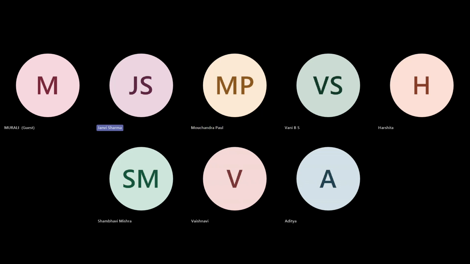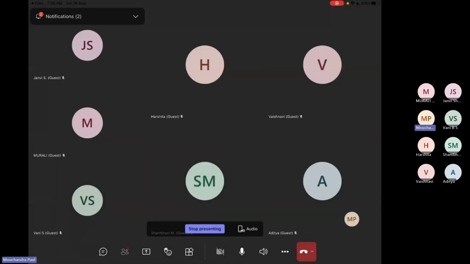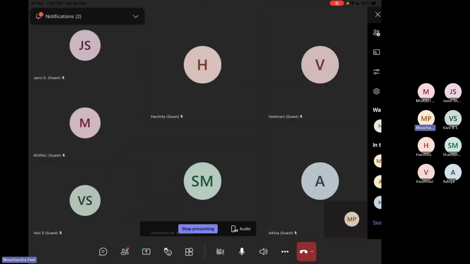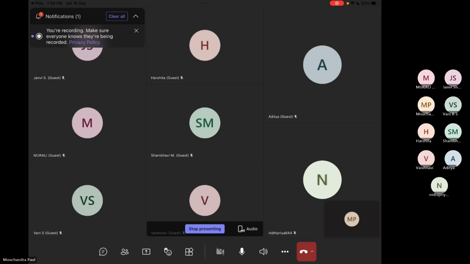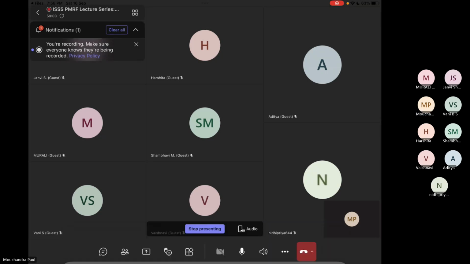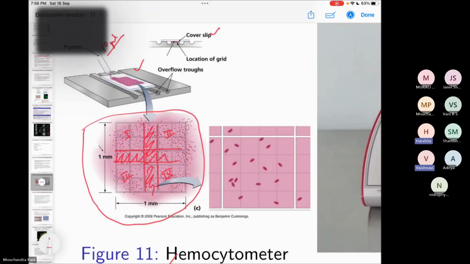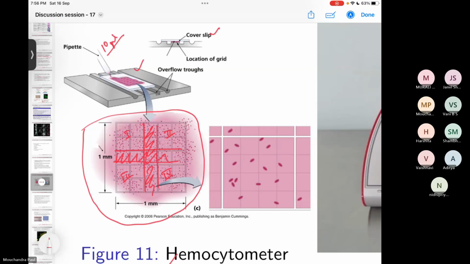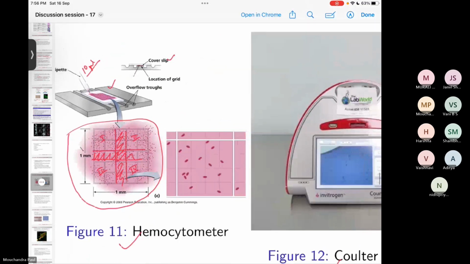Also, Nidhi Priya is waiting in the lobby to get in this meeting. Is my screen visible now?